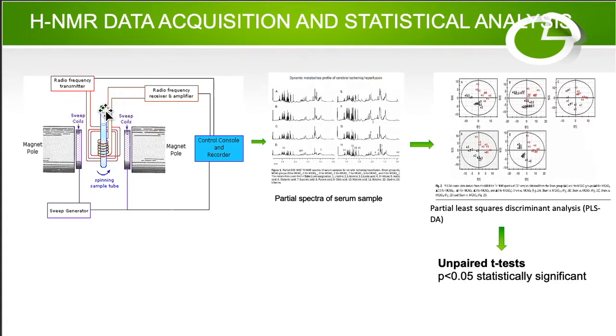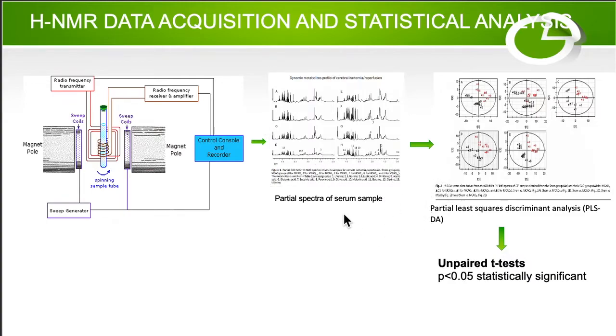When the nuclei fall back to their lower energy state, the detector measures the energy released, and the spectrum is recorded. So here is the spectrum and how it looks.